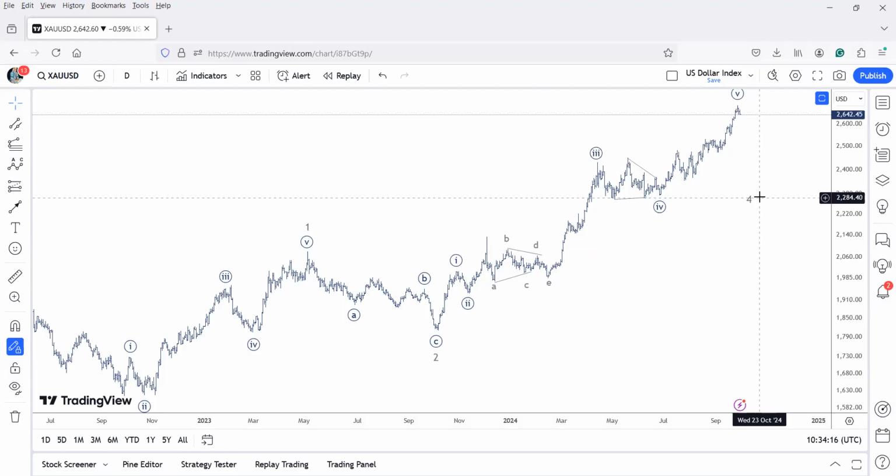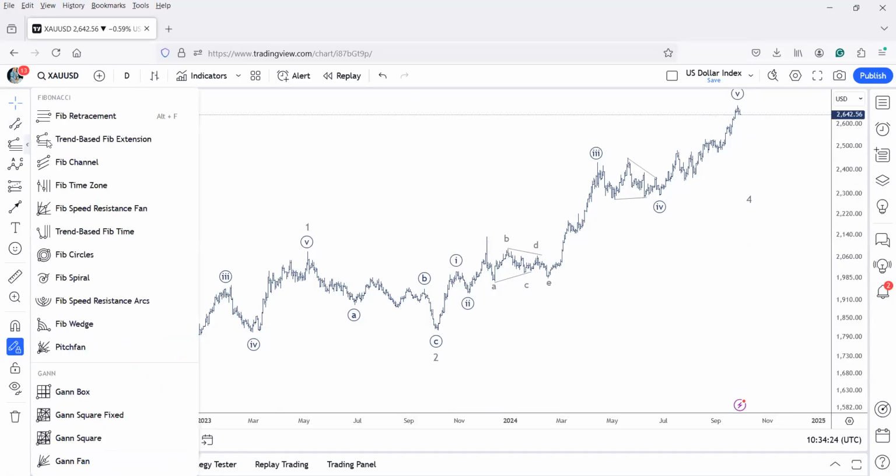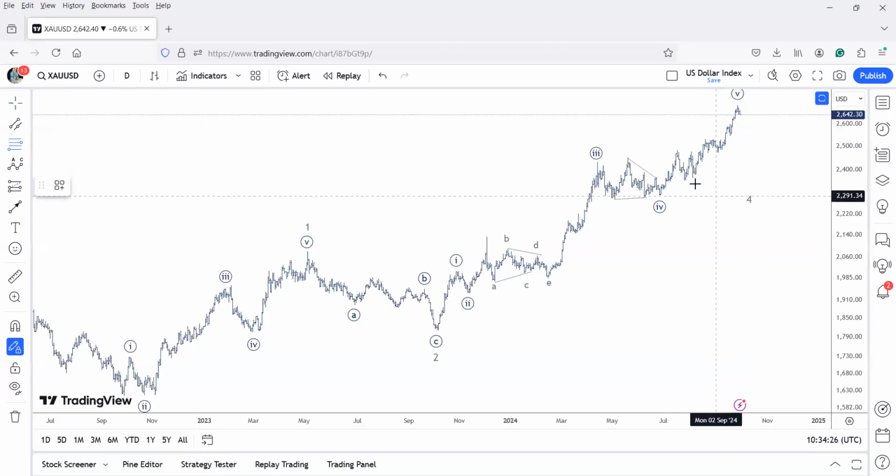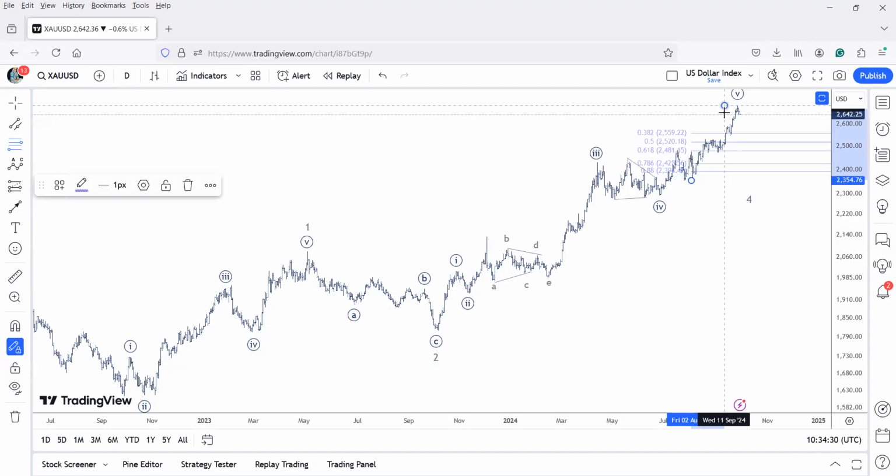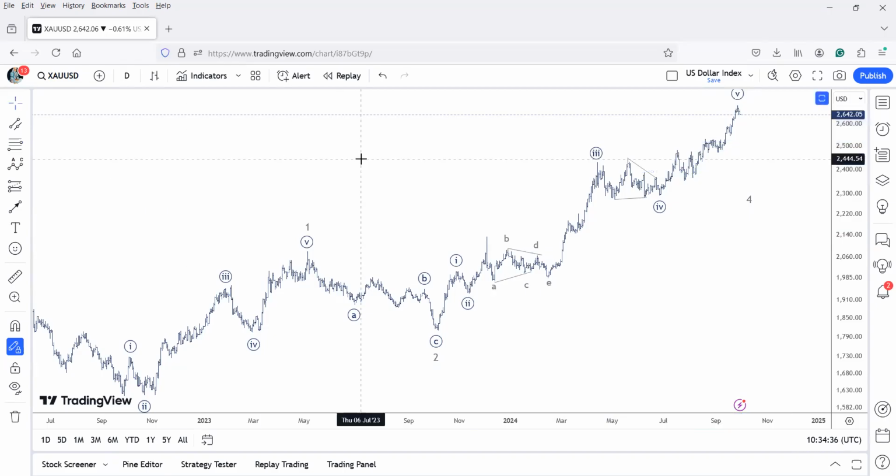So I think in the near term, we might benefit somewhere around 2550. So 2550 would be good enough for us to take profits on the charts that we are holding right now. All right, let's move on to the indices.